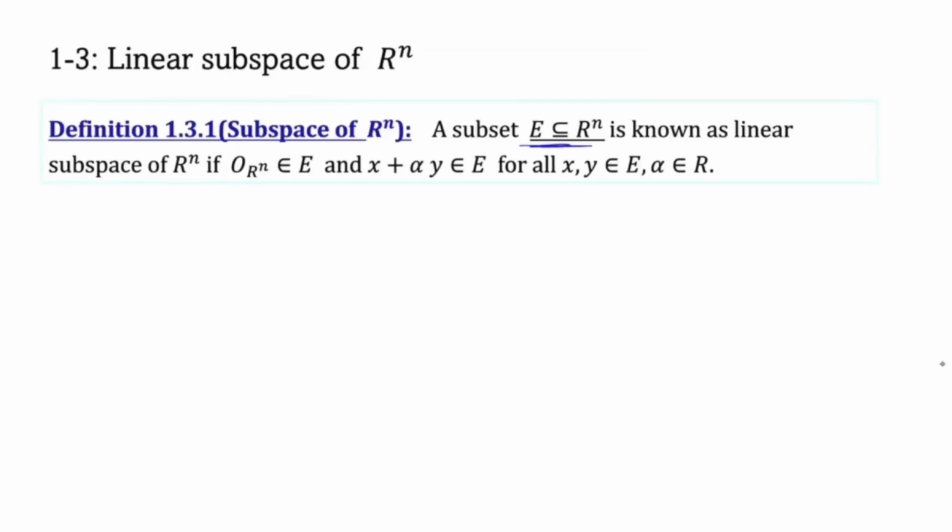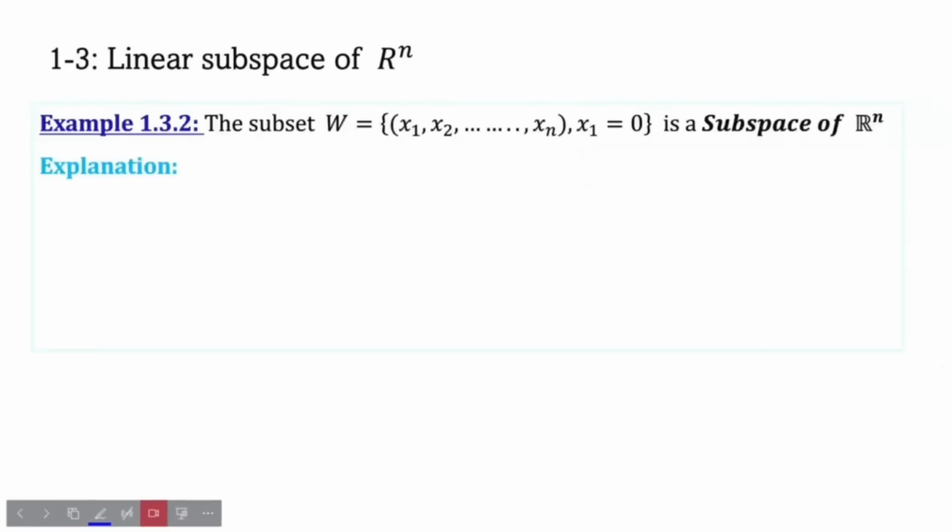So first we'll give you the definition. A subset E of Rn is known as a linear subspace of Rn if the zero of Rn belongs to E and x plus alpha y, the linear combination of two vectors x and y from E, also belongs to E. Okay, so let's have examples here that will show which is a subspace and which is not.